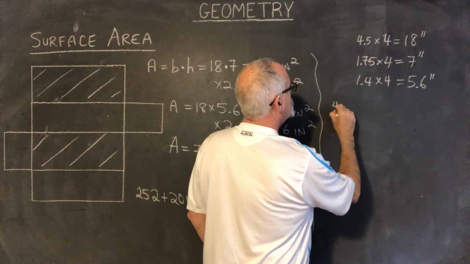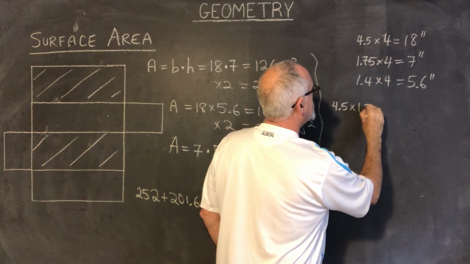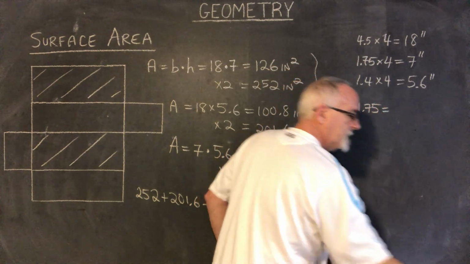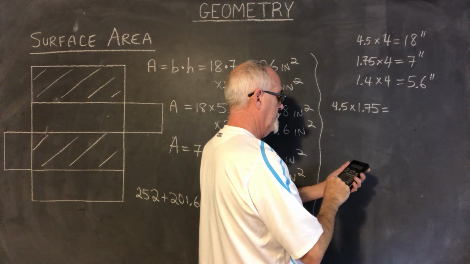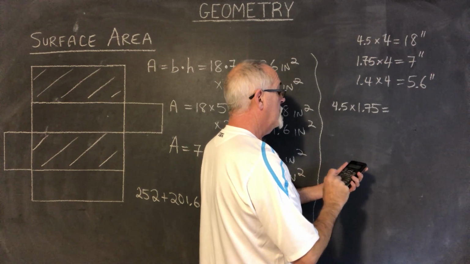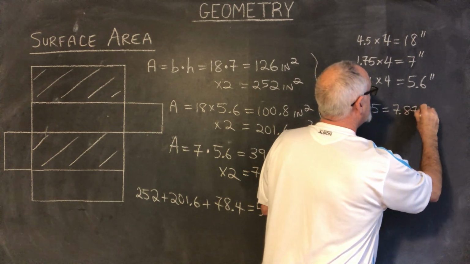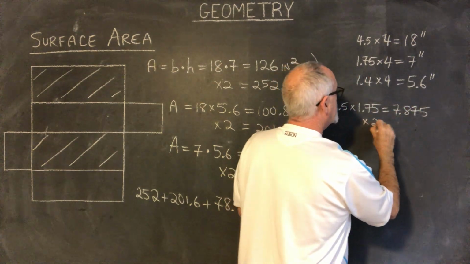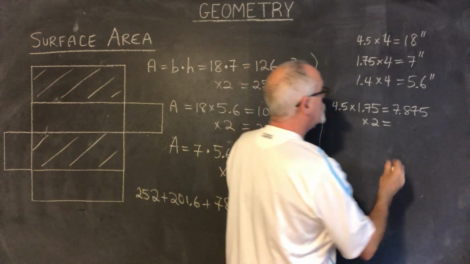We have 4.5 times 1.75 equals 7.875, but I also have to multiply by 2, so times 2 equals 15.75 square inches.